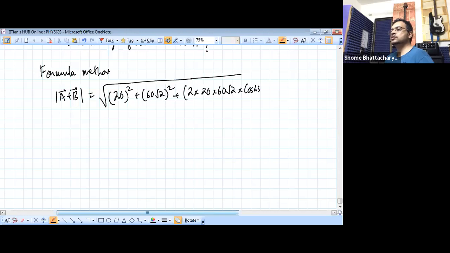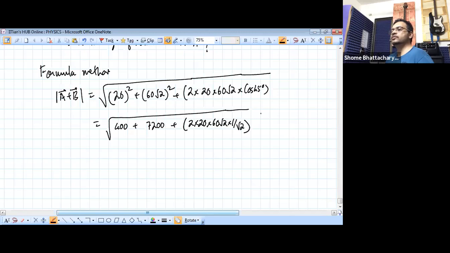So that's cos 45 degrees. So let's solve this. This is 400 plus 7200 plus 2 into 20 into 60 root 2 into 1 by root 2. Cos 45's value, you know. Yes, 1 by root 2.